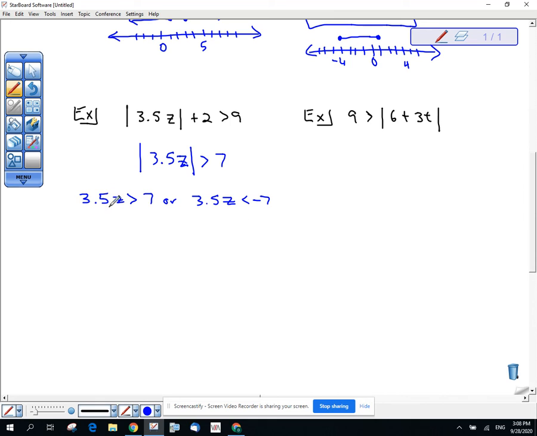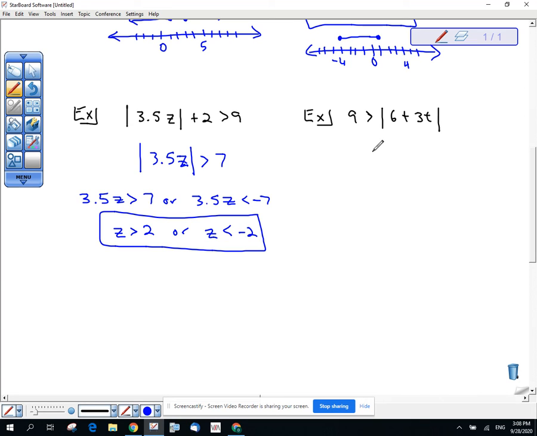And here you would simply divide by 3.5. That's z is greater than or equal to 2. Again, that was a positive number we divided by, so you did not have to switch your sign. Here, divide by 3.5. z is less than -2. Use the word or in your final answer, and I'm sure you know how to graph that, so I'm going to move on to the last problem.